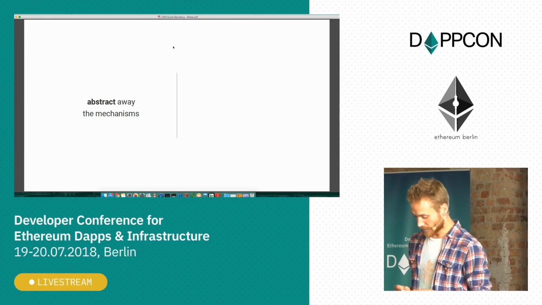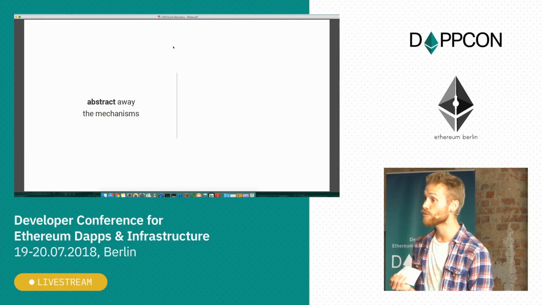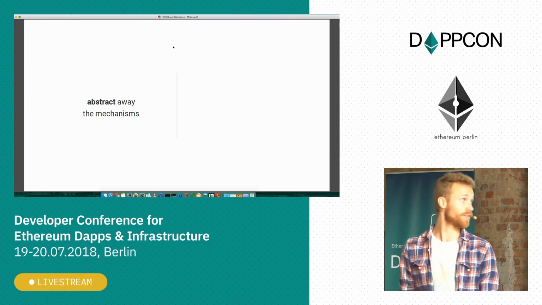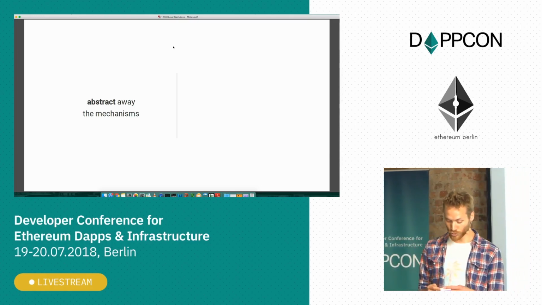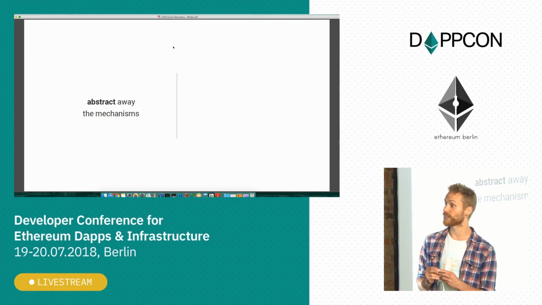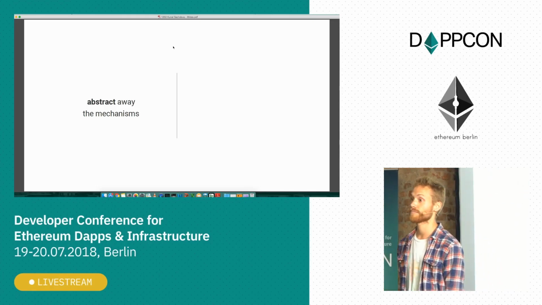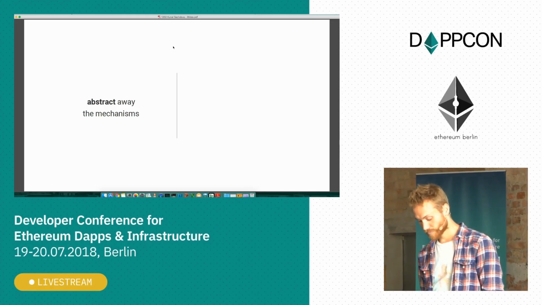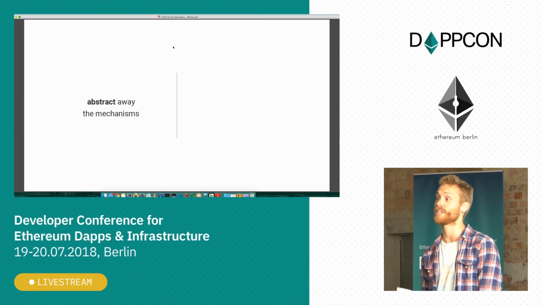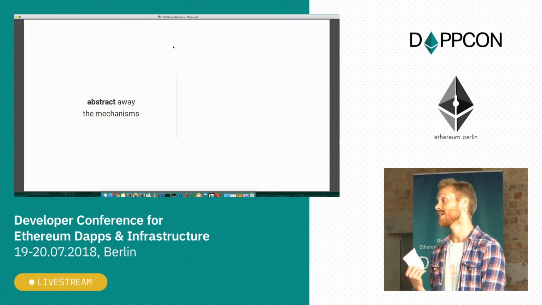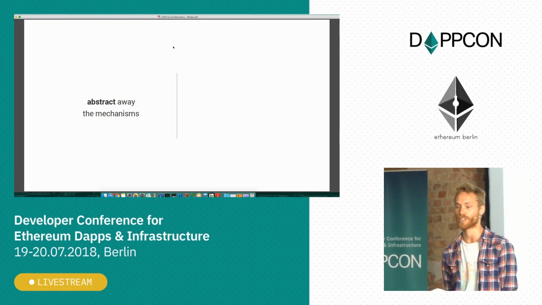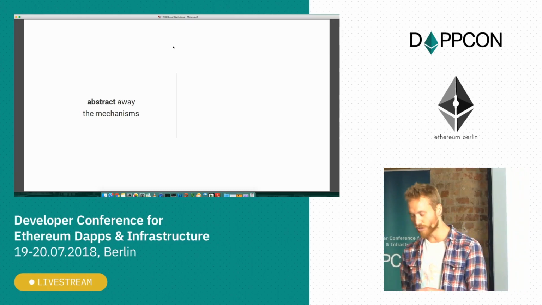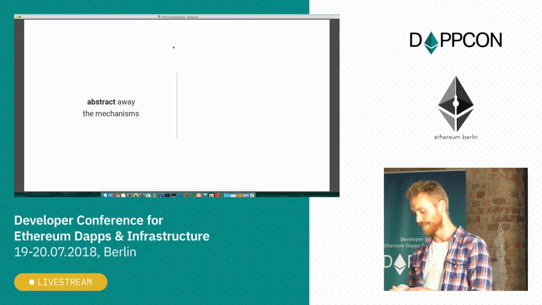So, the reason for which we came up with the following goals. We do want to abstract away the underlying auction details. But at the same time, we believe the users have the right to know what's going to happen with their tokens. And so we are going to provide all necessary information.